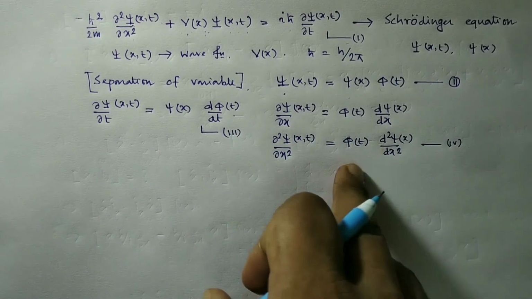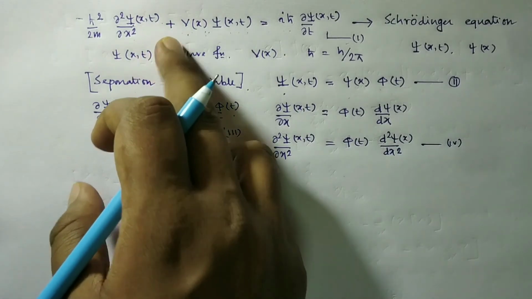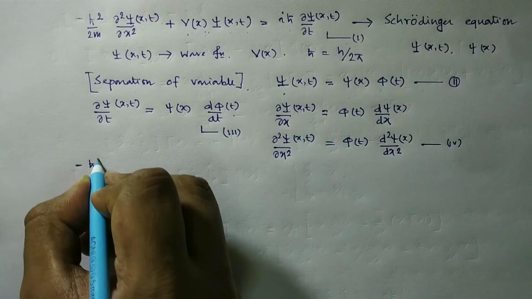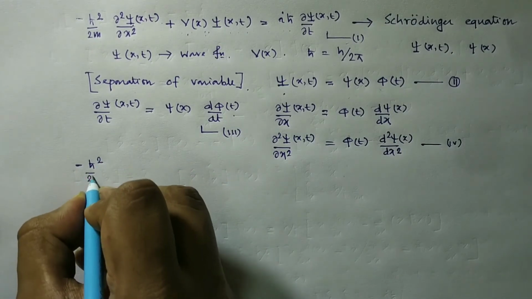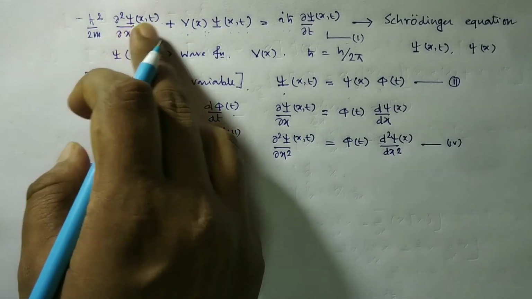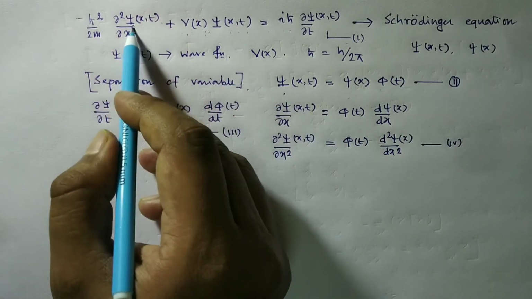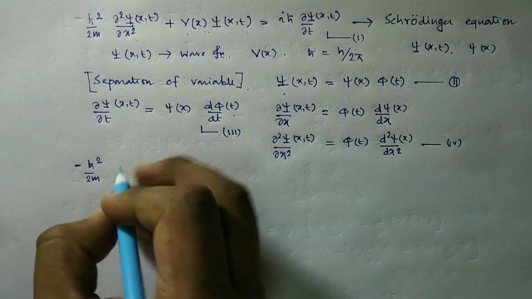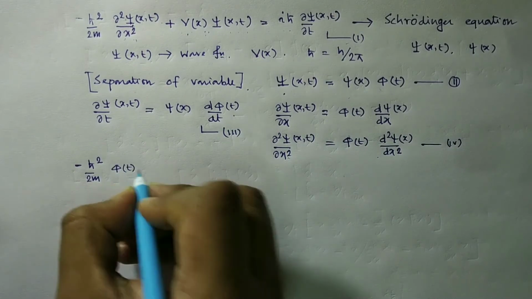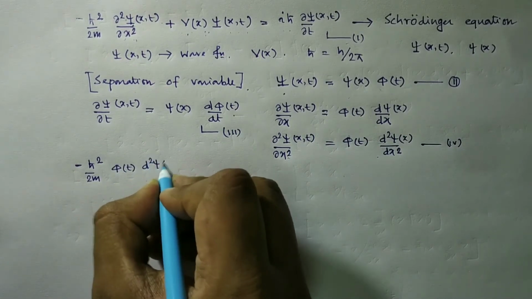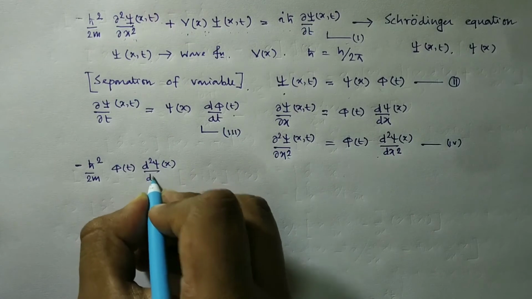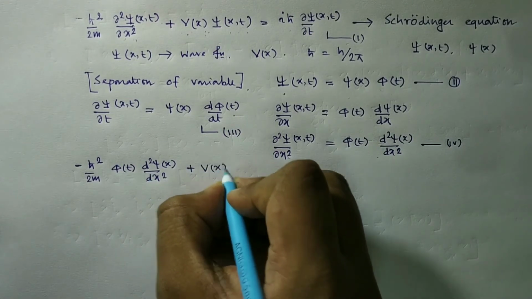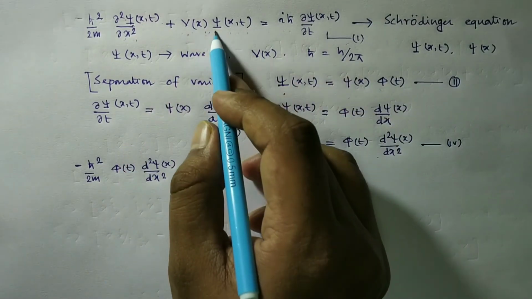Now if we put these two values in the first equation, we have minus ħ squared divided by 2m del squared Ψ(x,t) del x squared. This is uppercase Ψ. For del squared Ψ del x squared we have obtained the value, it is φ(t) d squared ψ(x)/dx squared, plus V(x), and what is Ψ(x,t)?